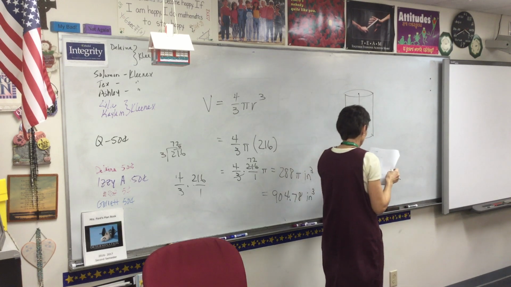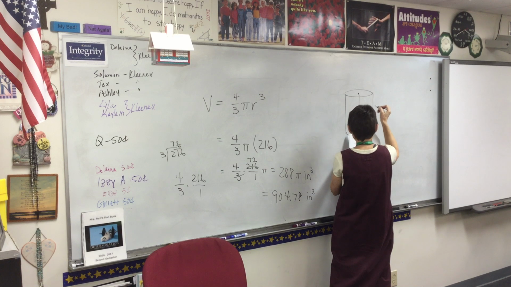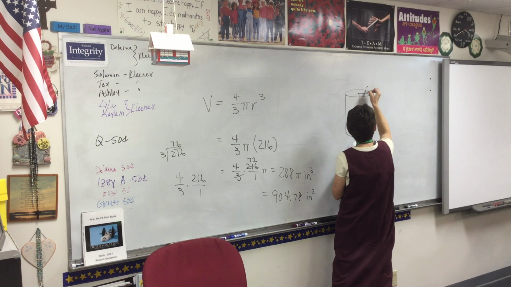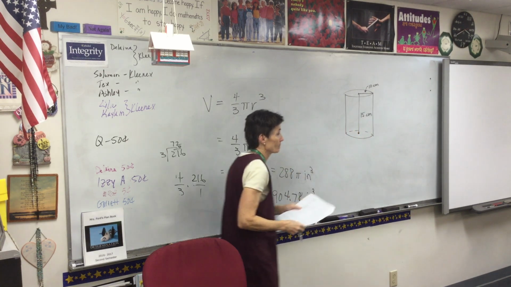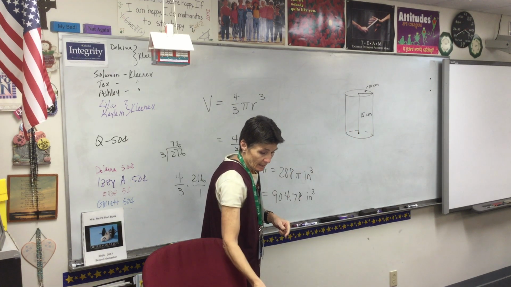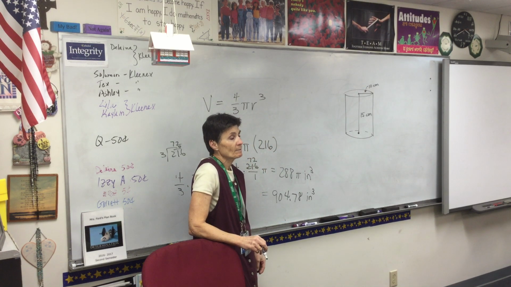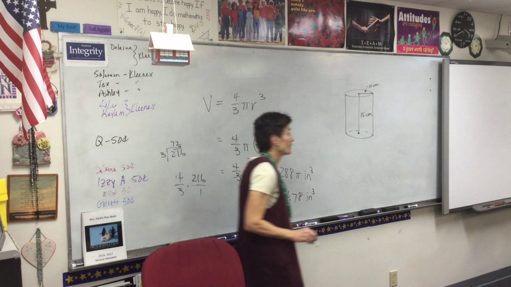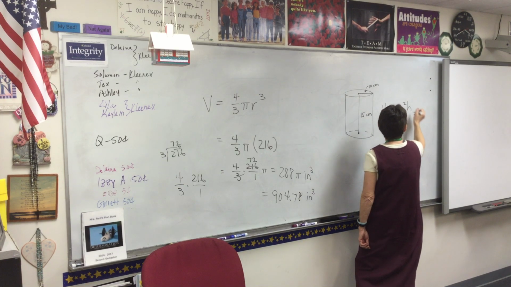We got a cylinder, and this dimension is 15, and this dimension is 10. Anybody remember the formula for the volume of a cylinder? Jacob? Pi r squared times height. It is pi r squared h. That's exactly right. So for a cylinder, it's pi r squared h.